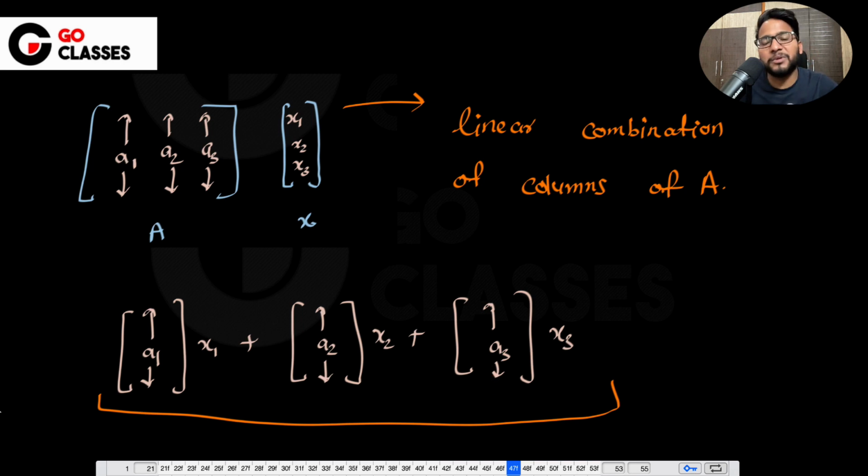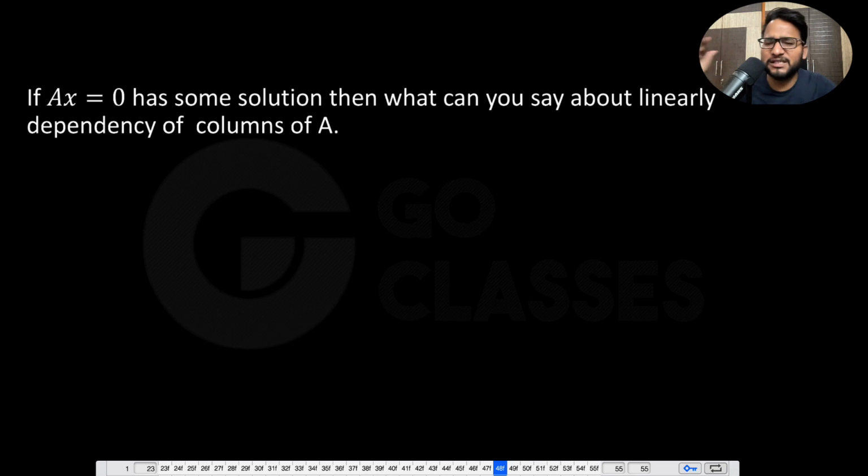Now let's do one thing. Let's see some questions, and then we will try to become more familiar with this, which means we will understand Ax equal to b with more questions and more intuition. So let's directly jump to a question so that it permanently fits into your mind what this Ax is. Let's see one brainstorming question: if Ax equal to 0 has some solution.